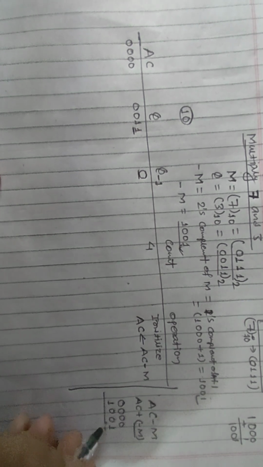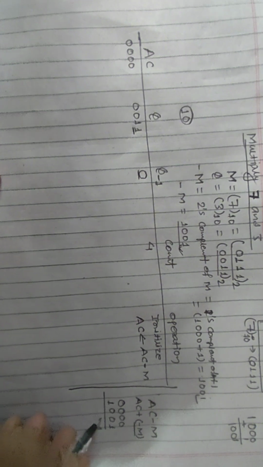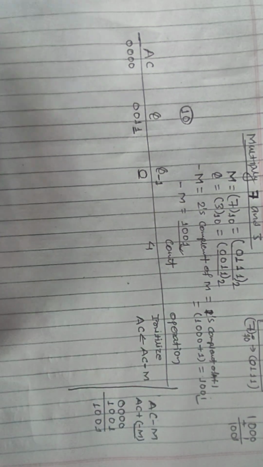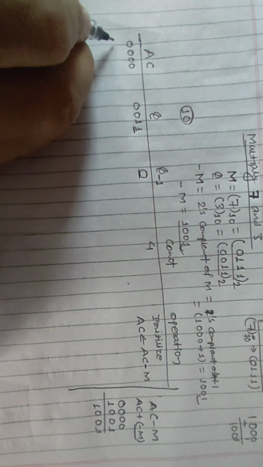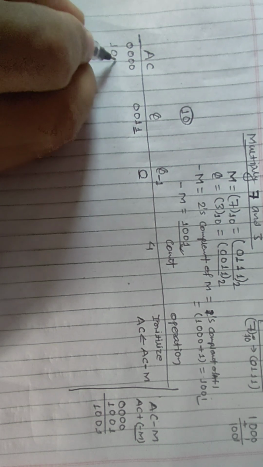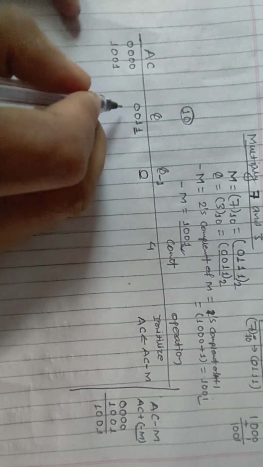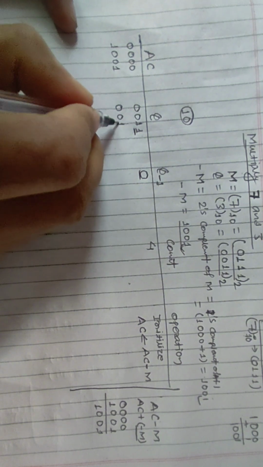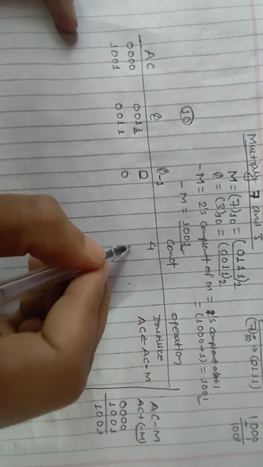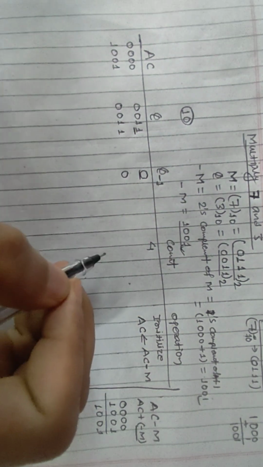So we add these, and our final value of accumulator will be 1 0 0 1. Now we reset the value of the accumulator to 1 0 0 1, and then we copy the other values as they are, and then count is 4. This is the first step.